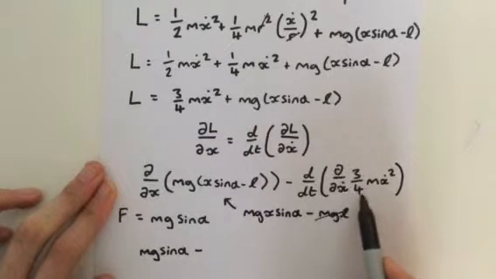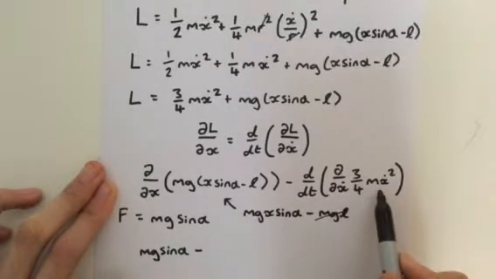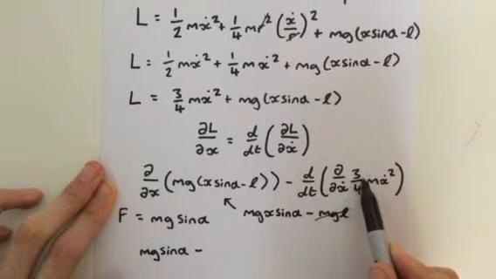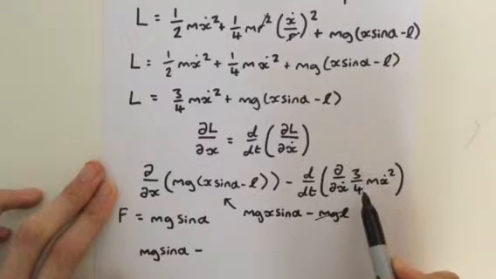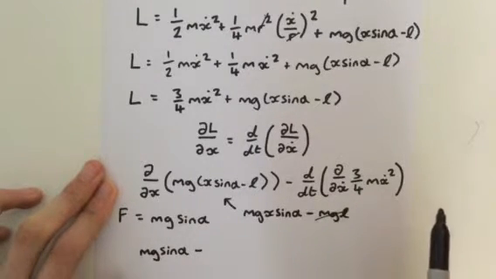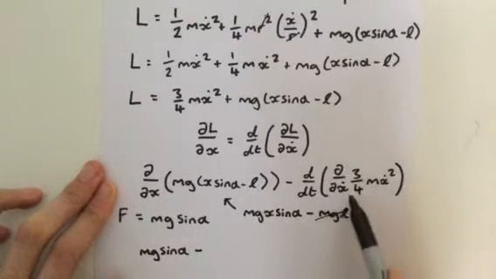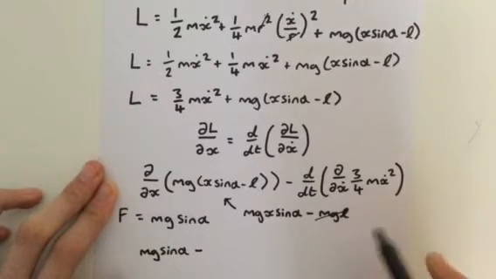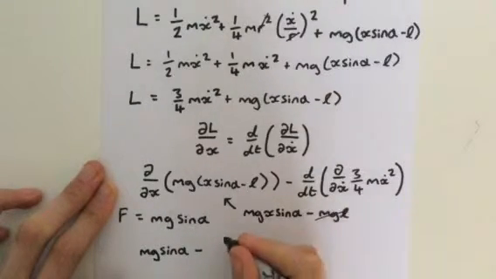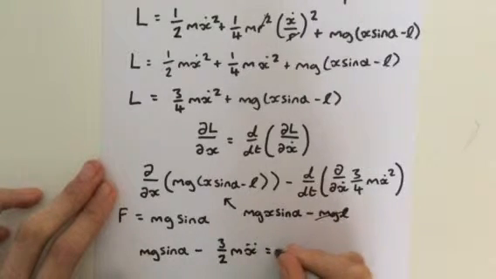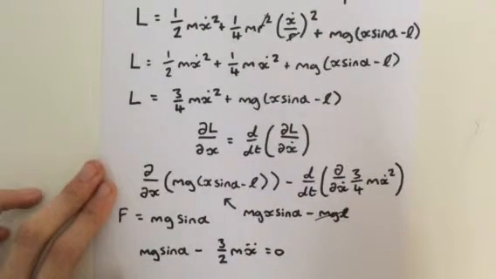okay, we've got a lot of stuff going on here. Differentiate this term with respect to x dot, use the power rule, bring that 2 over, and multiply that by the 3, we get 6 divided by 4, and then we take the time derivative of the partial derivative of x dot. So what we're going to get is minus 3/2 mx double dot, and that's going to equal 0.